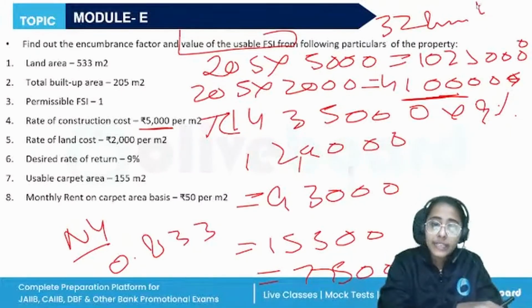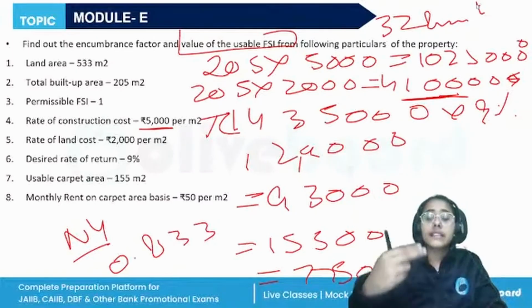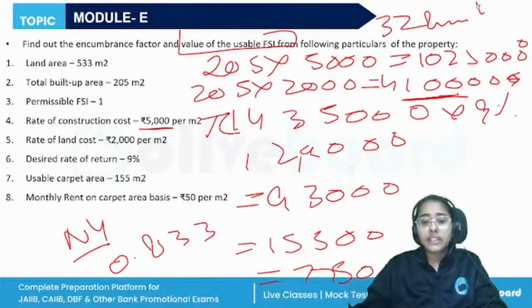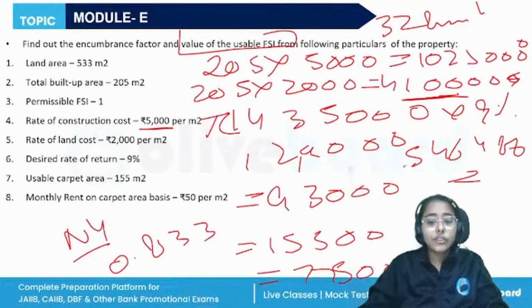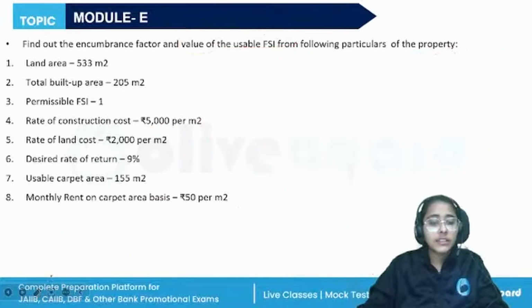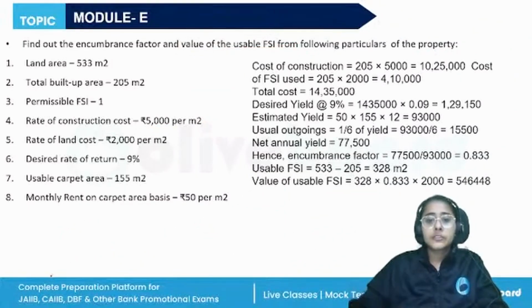So 328 into 0.833, multiplied by the rate of land cost, will give us 5,46,448. All right, so whenever you are solving these numericals, calculate each and everything step by step, and it will become easy. I've also given the solution here for your reference. Each of the things I've calculated step by step.